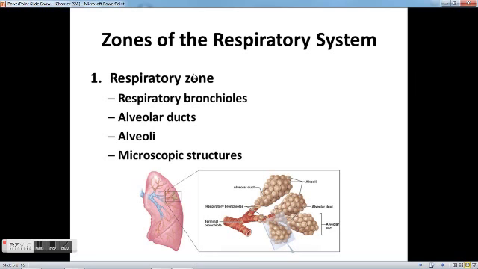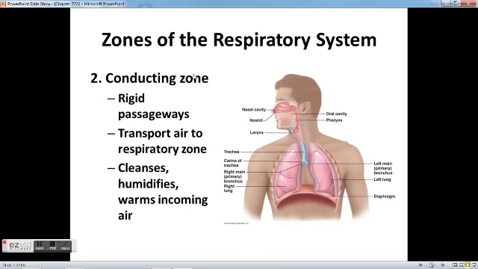That word bronchiole is going to come up a lot, but there's usually a word in front of it: respiratory, terminal, primary. So respiratory bronchioles are the smallest ones, and notice what they have clustered at the end: clusters of alveoli called alveolar sacs. Each one of these small clusters of grape-looking structures is an alveolar sac, and each little individual grape, if you will, is an individual alveolus. This is where gas exchange is actually going to happen in your lungs.